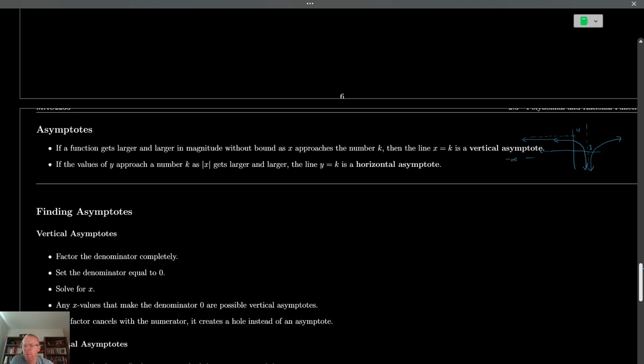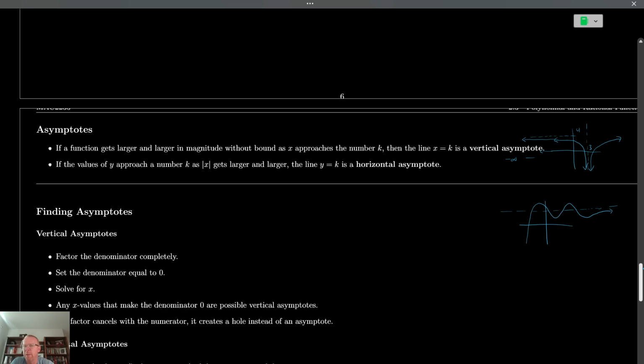You could have functions with a horizontal asymptote where the graph crosses it somewhere up here, and could cross it again, however many times you want, but eventually it's not going to cross it. It's going to get closer and closer. I don't know that we'll see too many of those in this class, but it is a possibility. Eventually it gets closer to that line and never crosses it again.